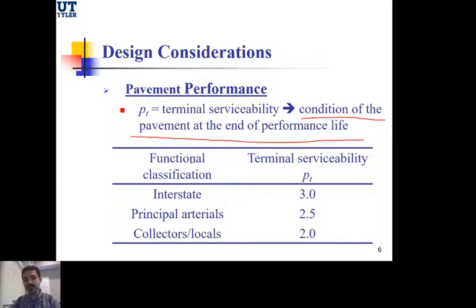So we are willing to wait only until the terminal serviceability reaches the value of 3.0 if it's an interstate classification, let's say I-20 or I-40 or I-80. But we can allow the terminal serviceability to go down all the way to 2.5 if it's a principal arterial, or it can go down to 2.0 if it's a local or a collector street.